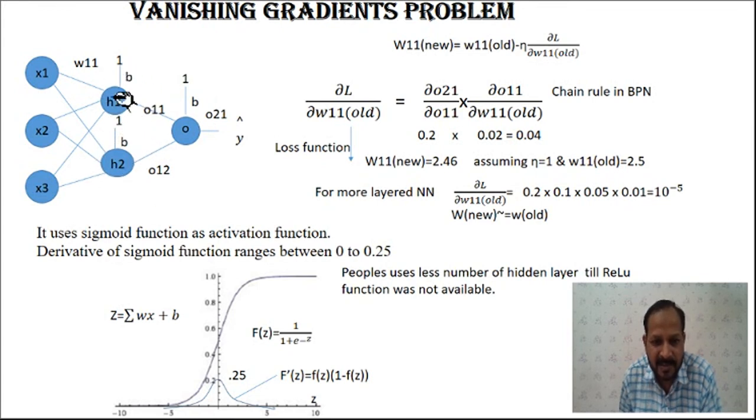We have to use only a very limited number of hidden layers, because if you use more hidden layers and your activation function is sigmoid, this vanishing gradient problem will be there, and because of that there will not be any learning for the neural network. So we have to limit the number of hidden layers, and it becomes a normal neural network. That was the problem, but this problem was solved after the invention of the ReLU activation function.